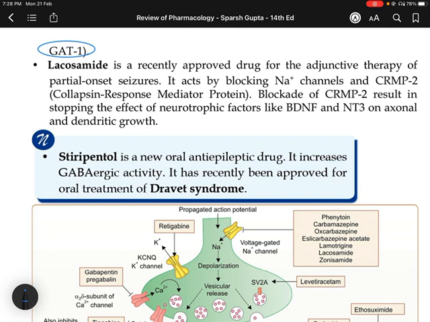It acts by blocking sodium channels and CRMP2. CRMP is collapsin response mediator protein 2. Sodium channels are also blocked.